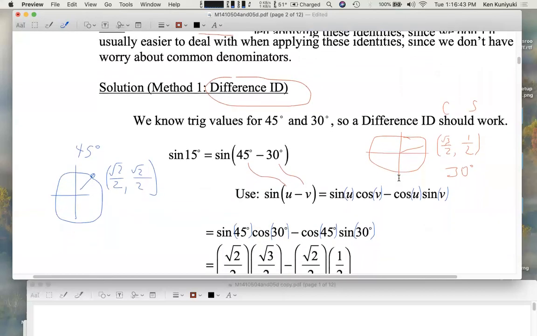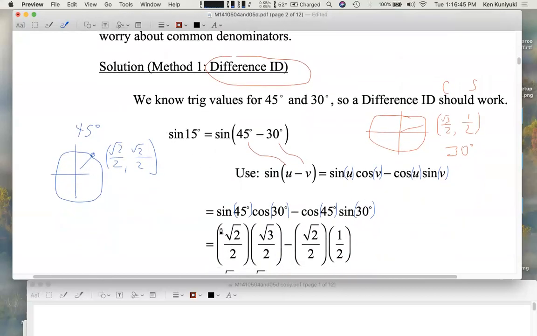Anyway, these are known special values. Both the sine and the cosine of 45 degrees is root 2 over 2. Again, this is cosine, this is sine, technically. Cosine of 45 degrees is root 2 over 2. Sine of 45 degrees is root 2 over 2 also.